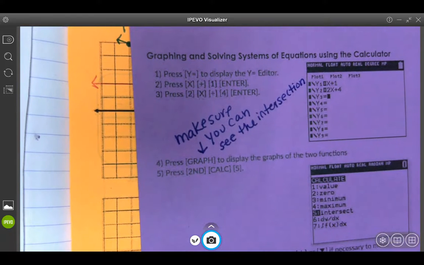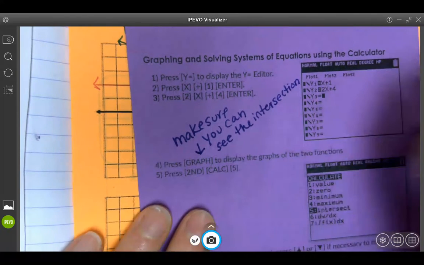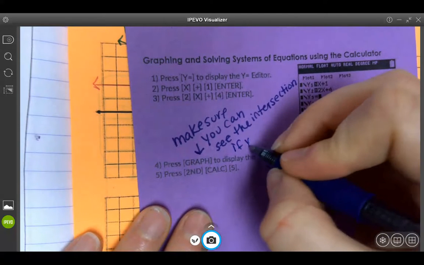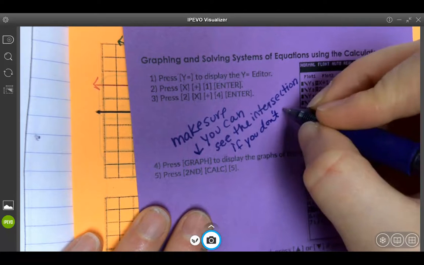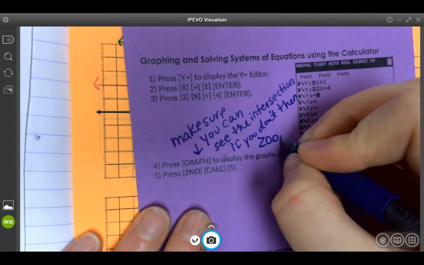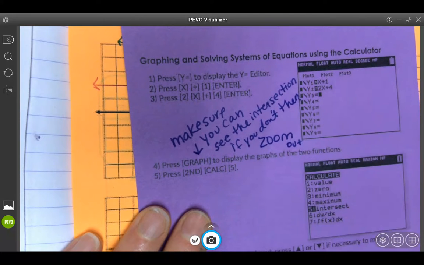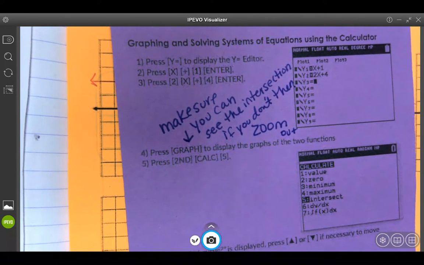If you can't see the intersection, then you use the zoom button. So make sure you can see the intersection. If you don't, then zoom out.